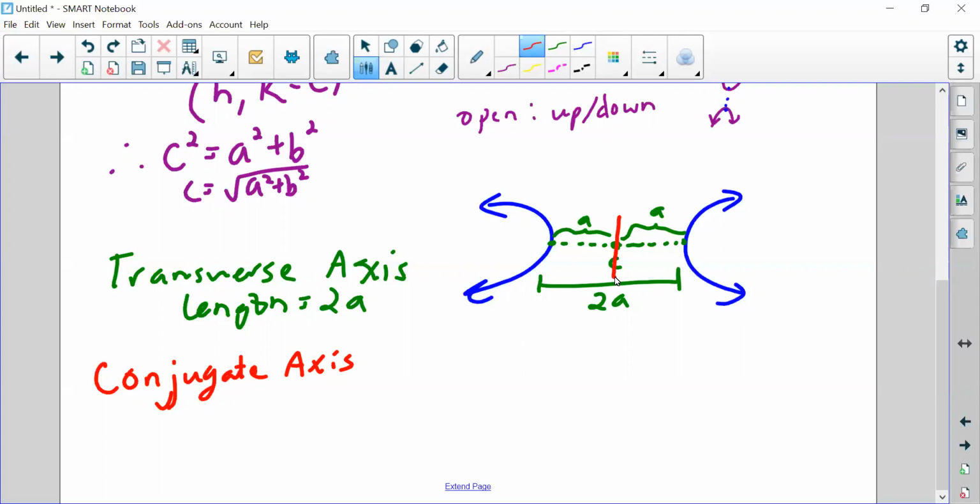So this would be our conjugate axis. The distance it goes down from the center is always equal to b. The distance it goes up from the center is equal to b. So the entire length of the conjugate axis is equal to 2b.